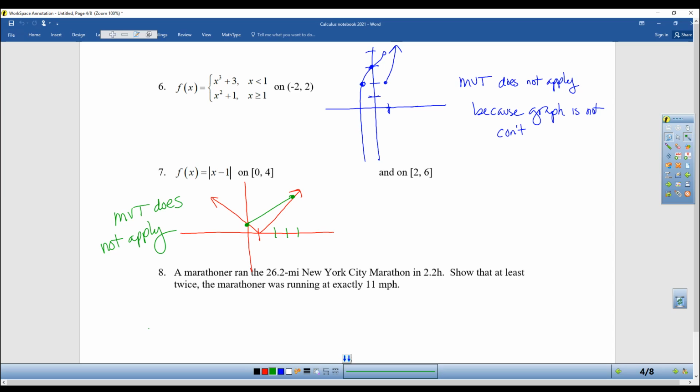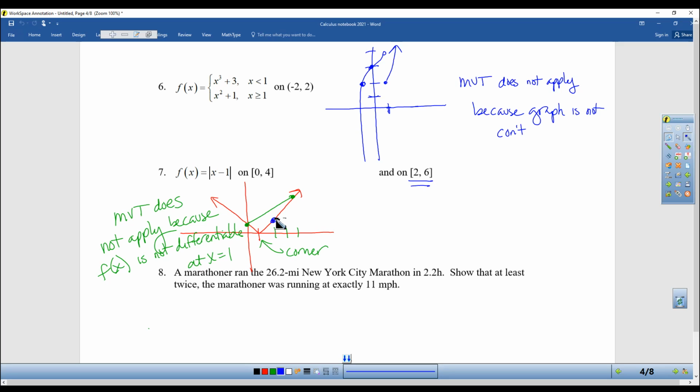So you always have to state why this is not enough of an answer, because f of x is not differentiable at x is equal to 1. Because there is a, what do we call that? Corner, not a cusp. This one's called a corner. So they say, all right, well then just do it from 2 to 6.